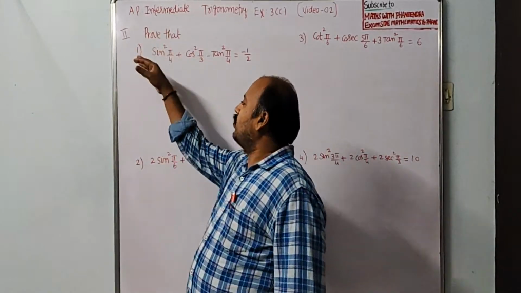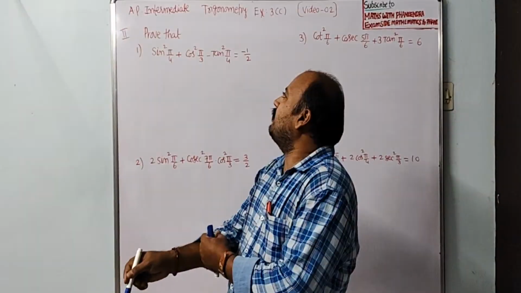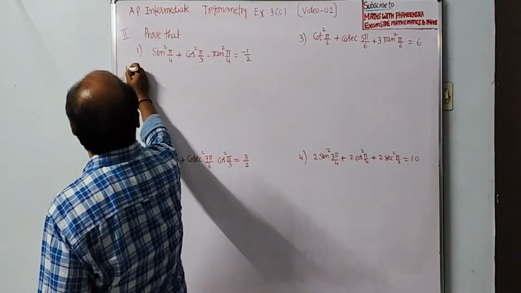Here the question is, prove that sine square pi by 4 plus cos square pi by 3 minus tan square pi by 4 equal to. So consider LHS.